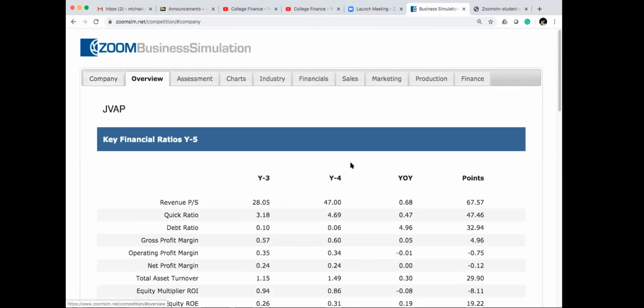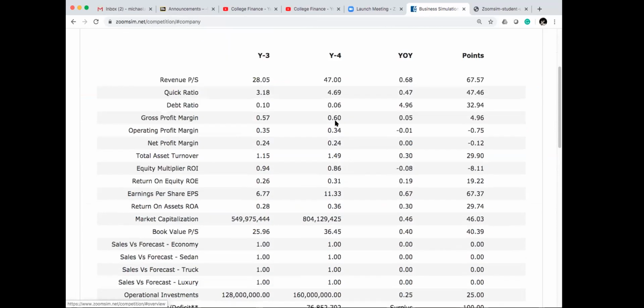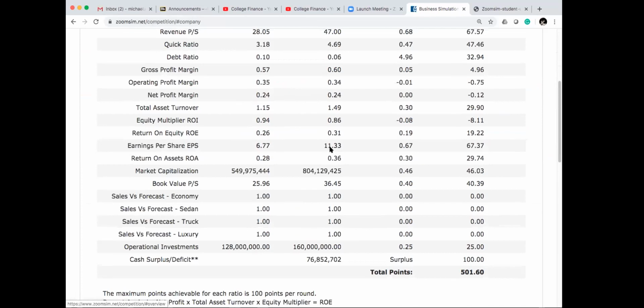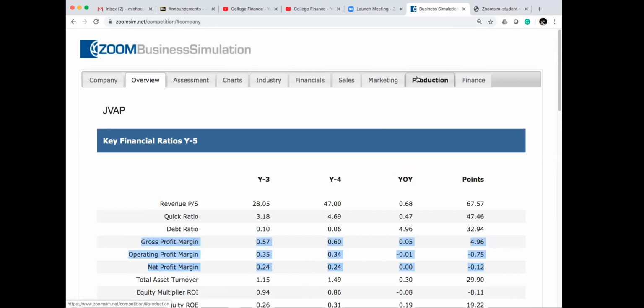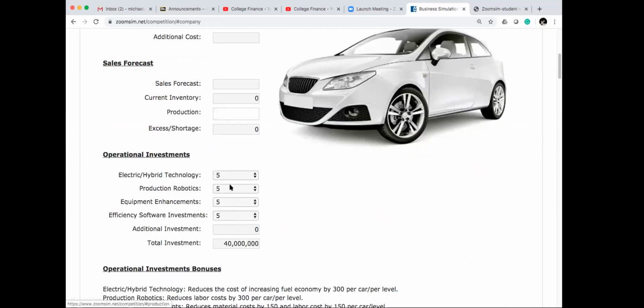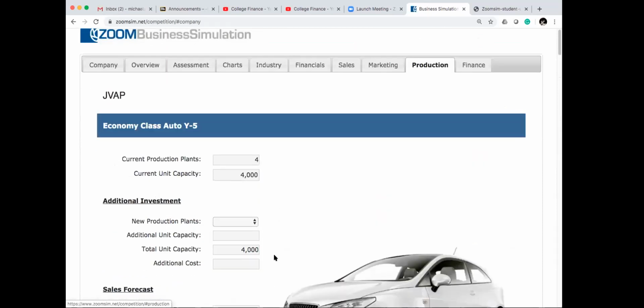Okay, so again, this team, the points are good. You're over 400, but again, your profit margins, they're flat to backwards on operational and net. 5%, they're only 3 points higher from 57 to 60. So again, this team, you need to get your profit margins higher, which means the easiest way to do that is increase your operational cost reductions. So I'd probably try to max them all out this round, put them all to 10.